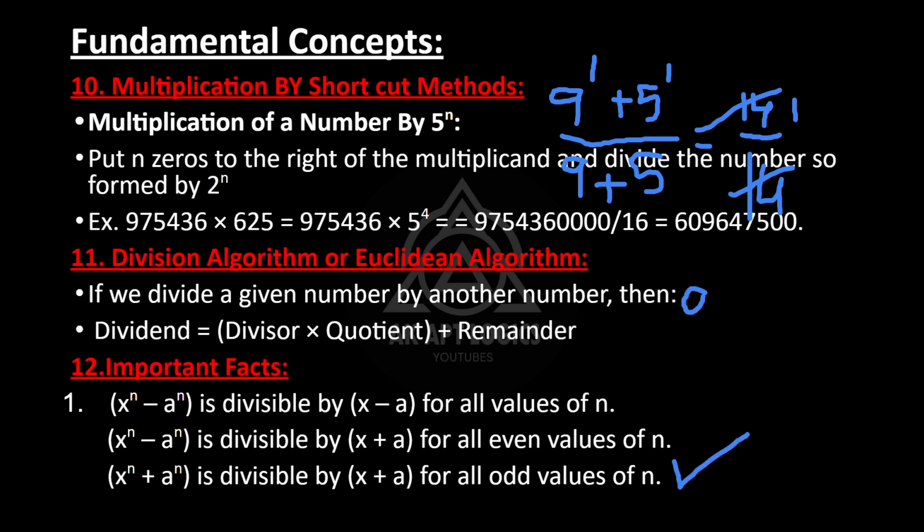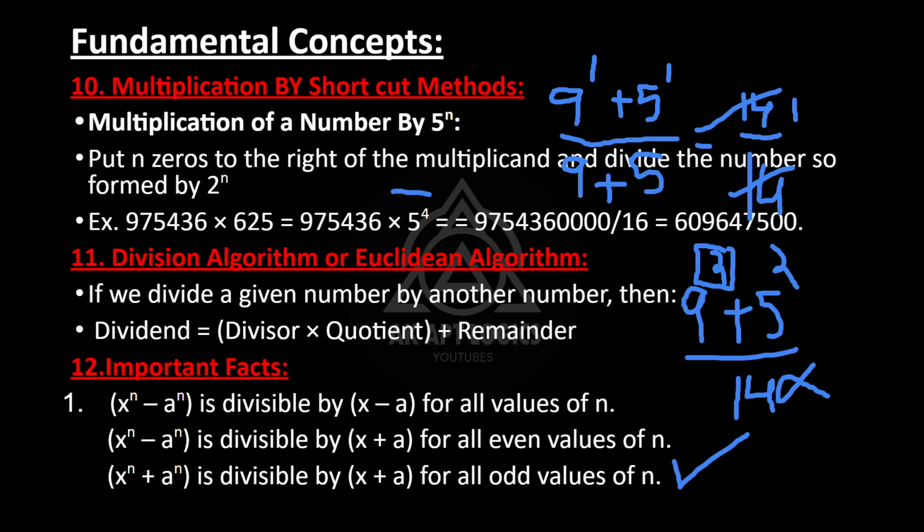Similarly, you guys check for even, putting n as even: 9 square plus 5 square. 9 plus 5, we already saw, is 14. Whether this is divisible or not, it is definitely not divisible because here n is 2, right? So let us see. 81 plus 25 is equal to 106. Is it right or wrong? You guys check.